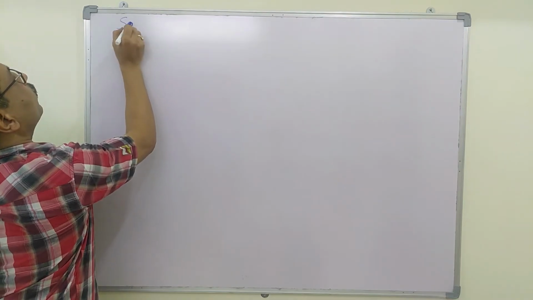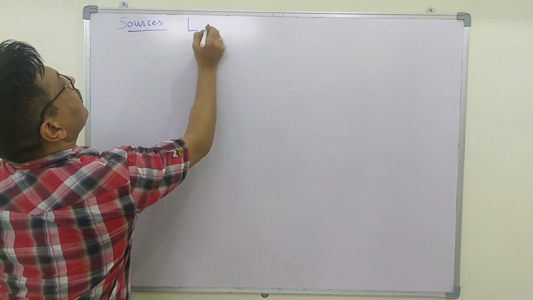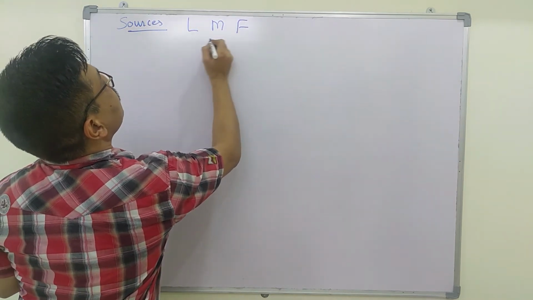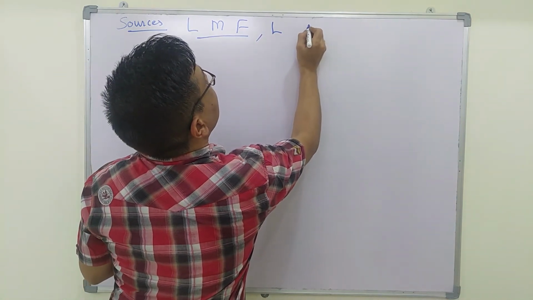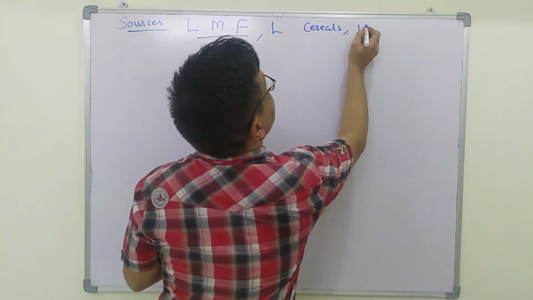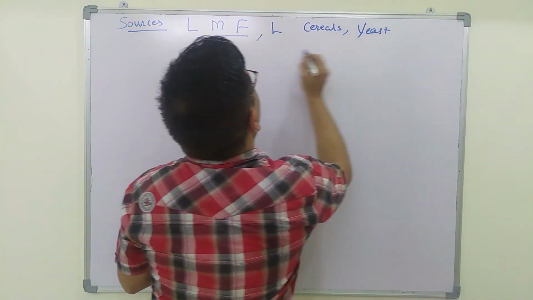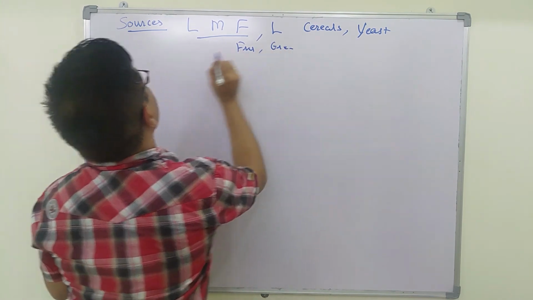The sources of this niacin are liver, meat, fish, legumes, whole cereals, yeast, fruits and green leafy vegetables.